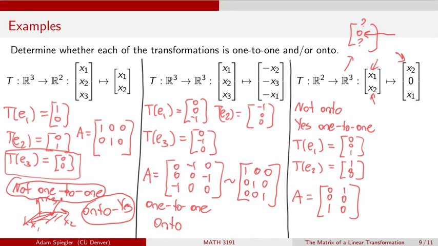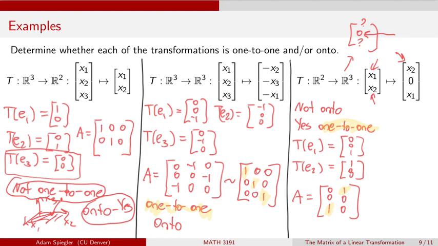But let's take a look at some of the properties of these matrix representations that we had. Notice that for the transformations that were one-to-one, the second example and the third example that we looked at, these matrices, at least when we put them in reduced row echelon form, have a pivot in every column.